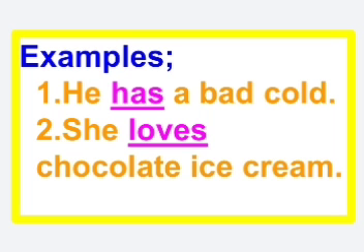Here "loves" is a stative verb. No action is taking place here, so this is a state. These verbs help you to show a state, not some kind of action. So these are examples of stative verbs.